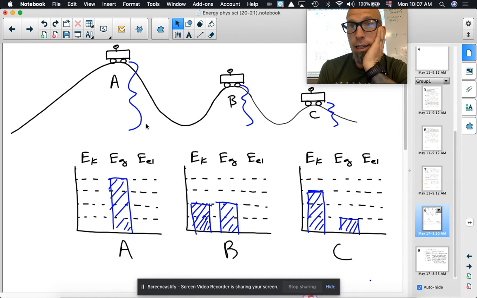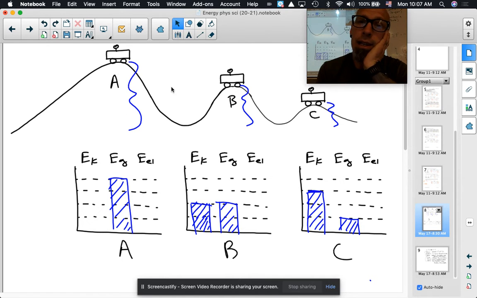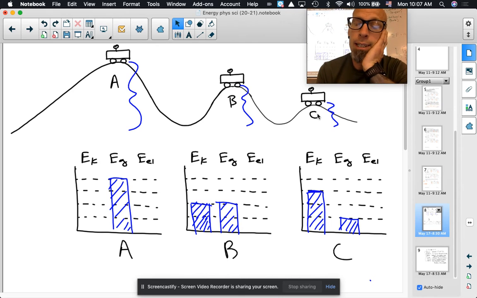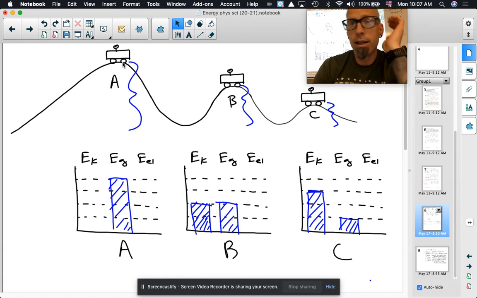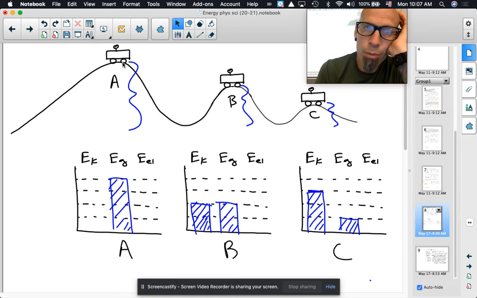So as we see here, we have a little roller coaster, okay, a little person inside. We have hill A, and then B, and then C. What we said at the beginning, and what I said in class, was that at position A, there is no movement.